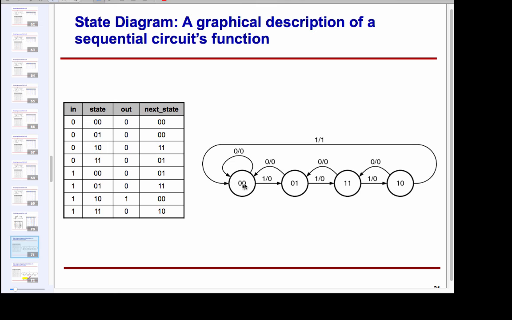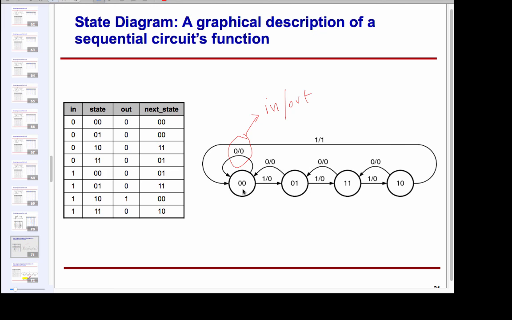So I'm basically saying if I'm in state 0,0 and the input is 0, so this you see out here on the edges, I have this thing. This corresponds to input slash output. So it's basically saying if I'm in state 0,0 and input has the value 0, then my next state is that I stay put.